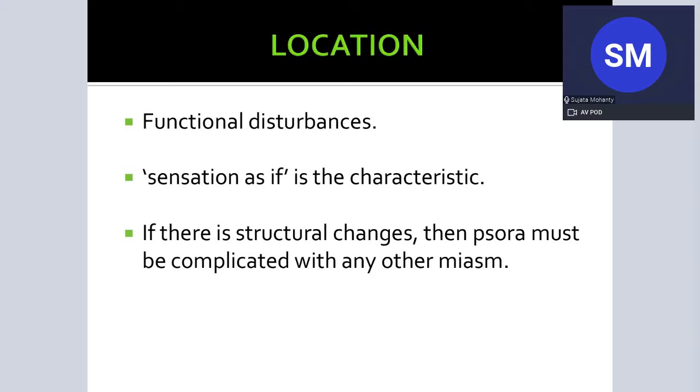That's why functional disorders belong to the psoric miasm. If there are any structural changes in the patient, then Psora must be complicated with another miasm. Psora alone cannot cause any structural changes. It will start with functional disturbances, and sensation as if is its characteristic.